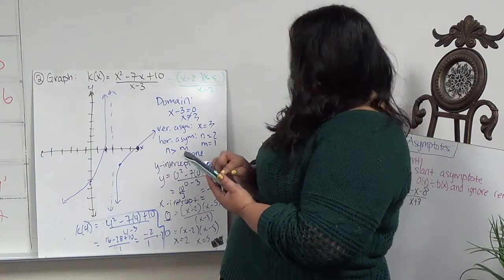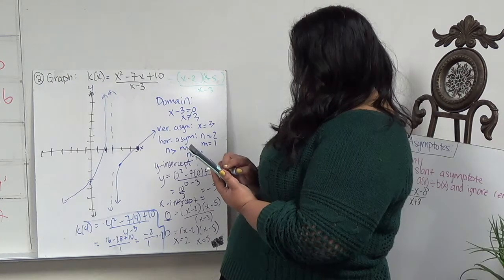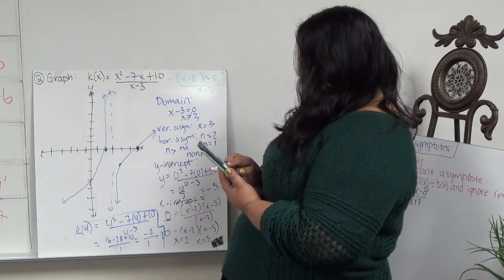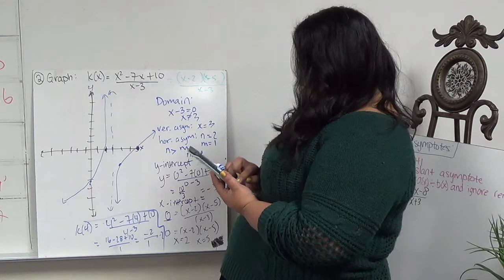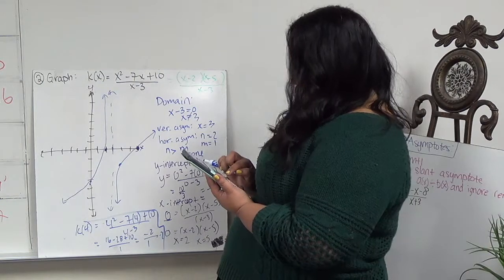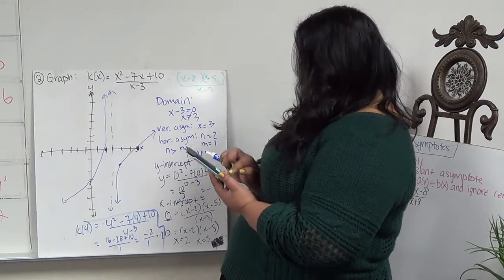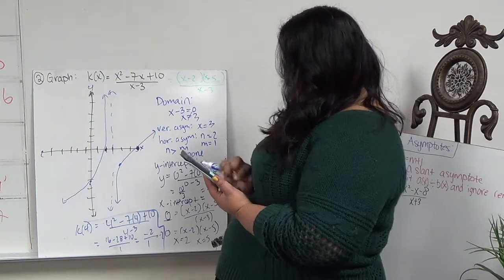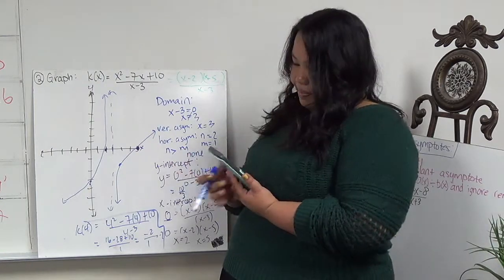Plus 7x plus 7x plus 10, parentheses, divided by x minus 3. Graph.